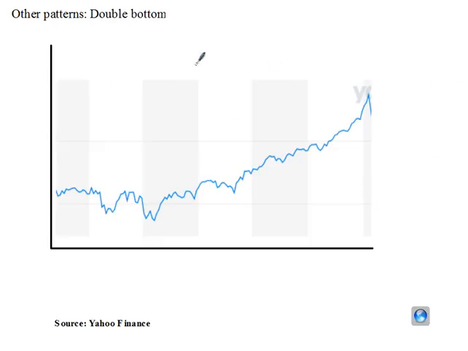Here's a great example of a double bottom, and this is a real double bottom that occurred. I'll put some dates on this. This was somewhere around September 2015, and this is somewhere around February of 2016, and this is somewhere in 2017, 2018.